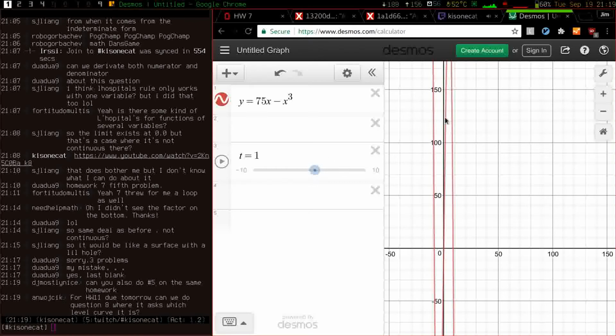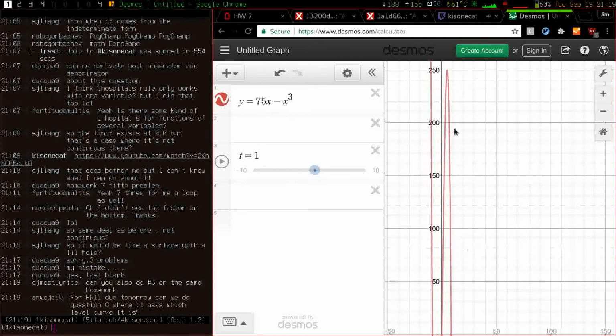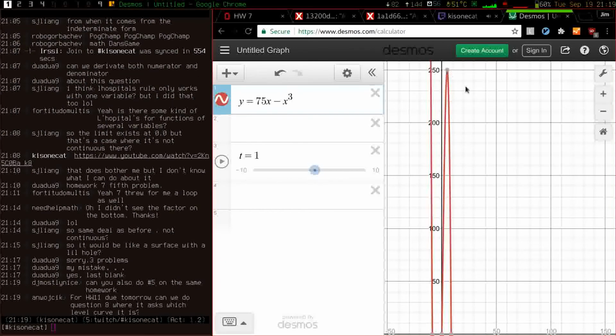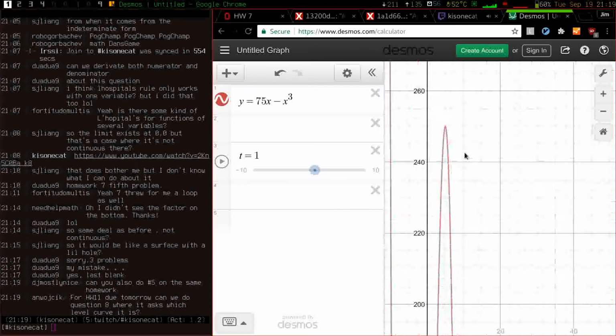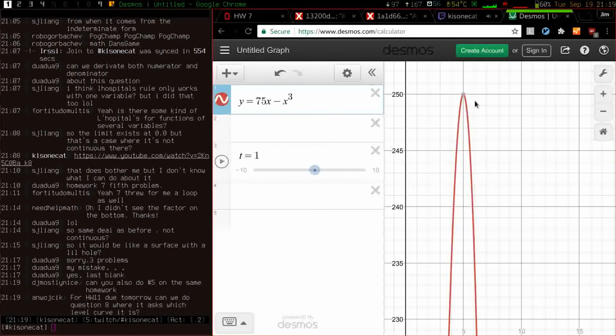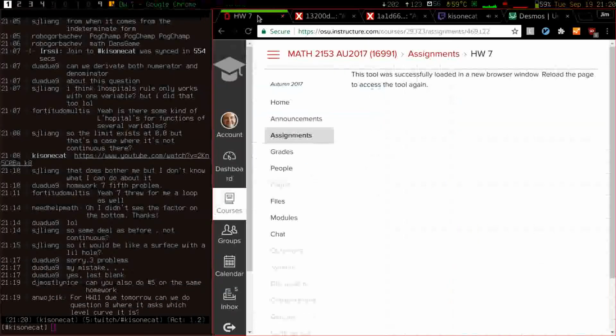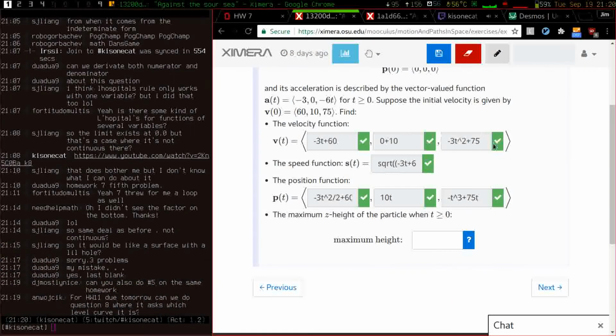Now, how would I ever figure out how tall that thing is? Well, I could use the power of calculus, or I could look at this graph. When I differentiate this, which is exactly what I've got here, I could ask when its upward velocity is equal to 0.